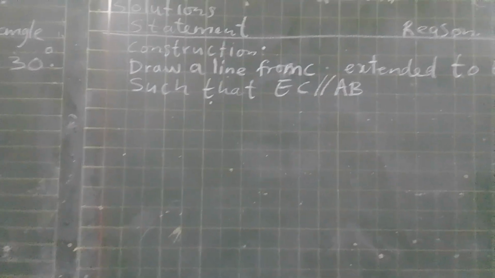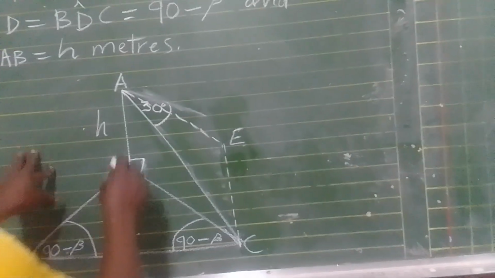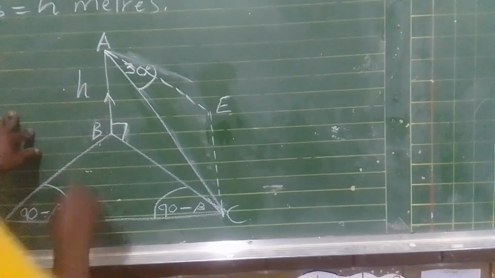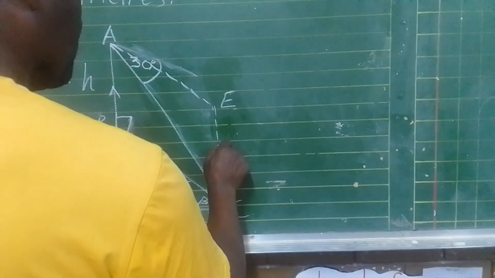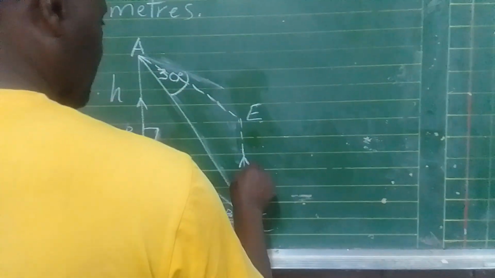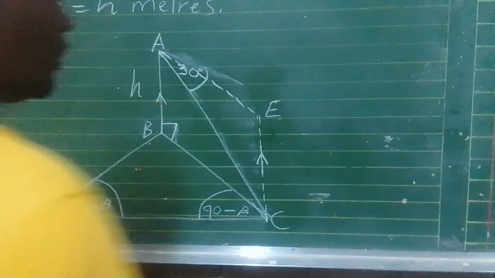Now we have to indicate here that AB, this line, is parallel to EC.